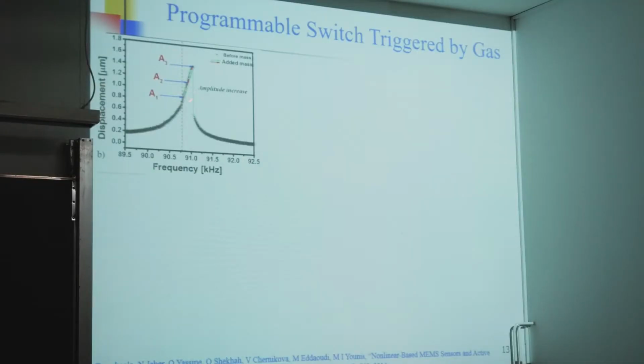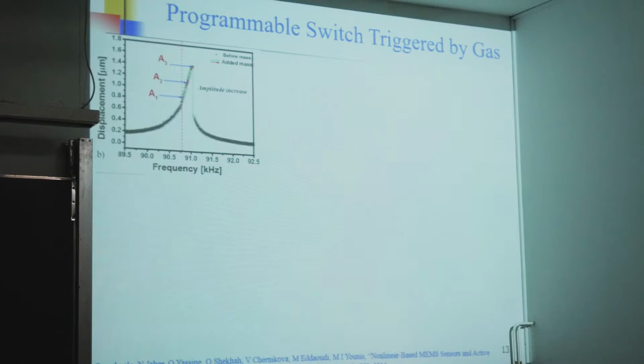Or to make it simple to our imagination, just imagine we are climbing this curve when we expose the structure to mass. So if I'm watching the amplitude, I'm going to see the amplitude of motion growing, and then at some point, there will be a jump. The idea is that when the amplitude grows, this means you are absorbing more mass. Hence, at a certain threshold, there will be a jump phenomenon from the higher branch to the lower branch.